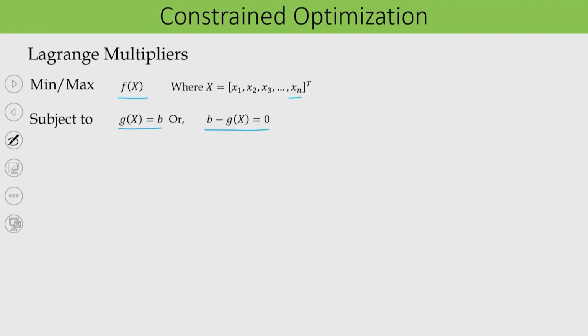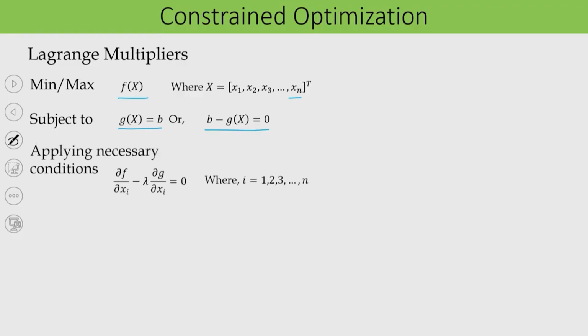Applying the necessary condition, the partial derivative with respect to each variable should be equal to 0. Then I get del f by del x_i minus lambda del g by del x_i equal to 0, for i equal to 1, 2, 3 up to n, and I also get b minus g(x) equal to 0.